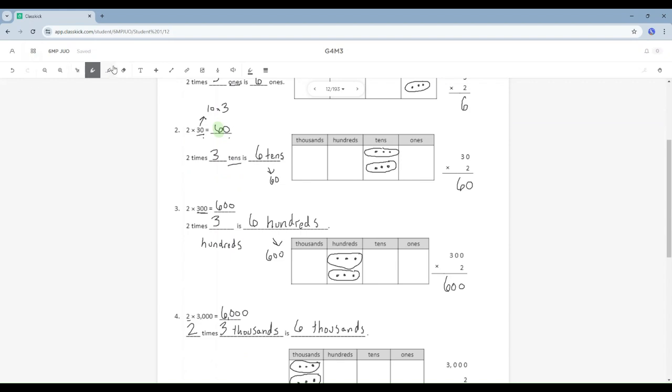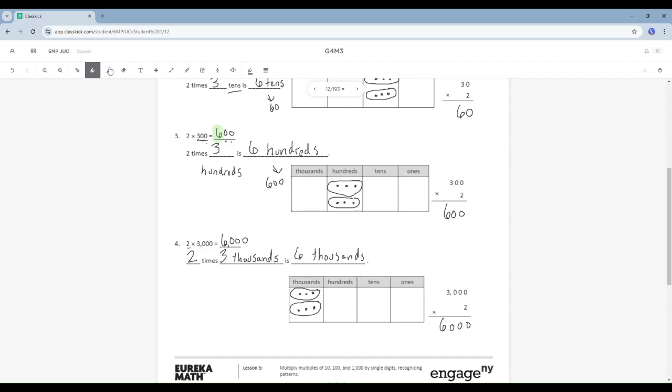In number 3, I'm still able to think of it as 2 times 3 with this leading digit of 6, but since it's 100 and hundreds have 2 zeros, I have 2 zeros over here in my answer. Same down here with the thousands. I'm able to think of it as 2 times 3, which is 6, but since I'm multiplying by 1,000 and thousands have 3 zeros, 3 zeros are going to come along in the answer as well.